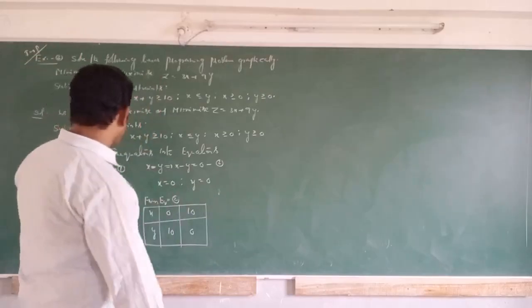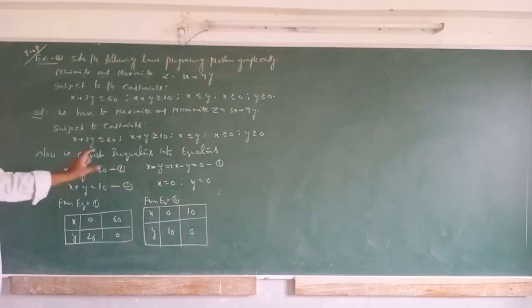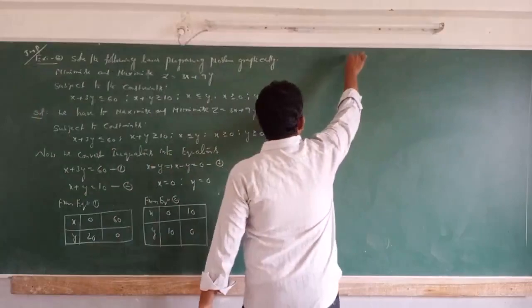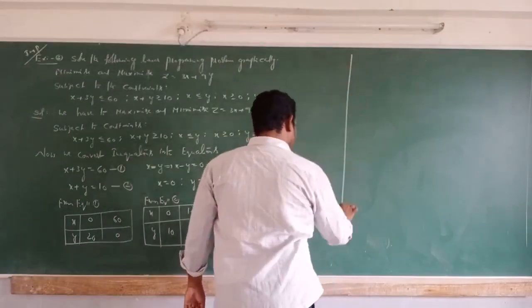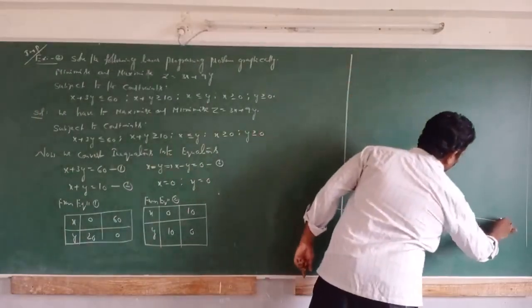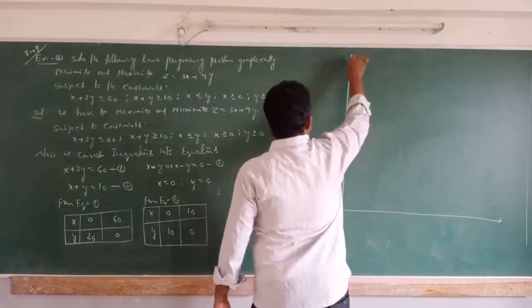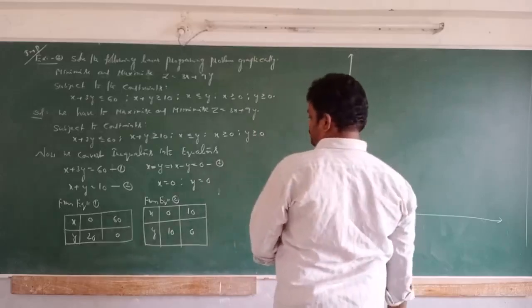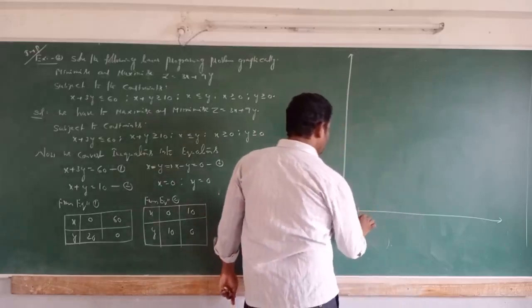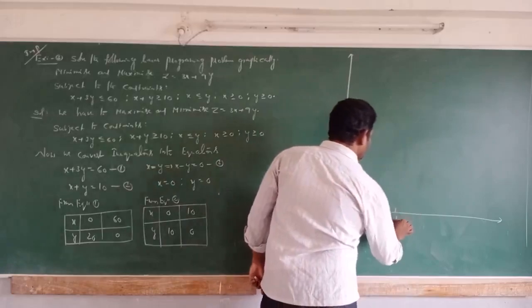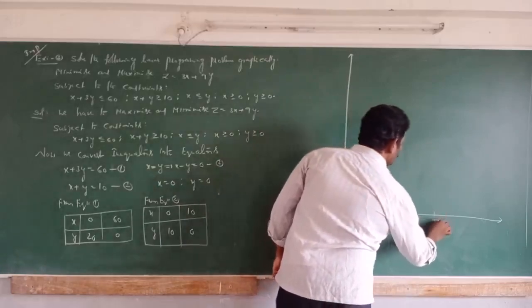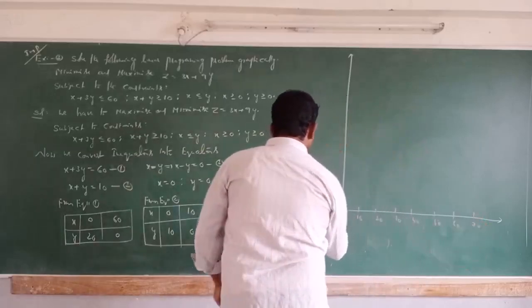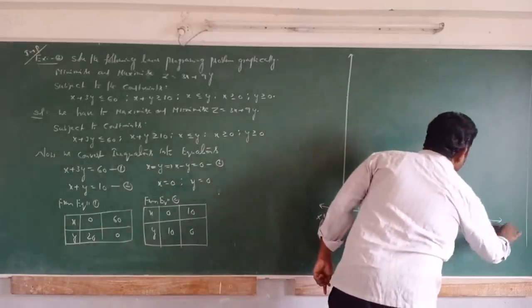Otherwise, if you want to solve these two line equations for any common point, you can. Here, we want to draw the graph of the given inequalities, the constraints. The maximum x value is 60, so we take 10, 20, 30, 40, 50, 60, 70 on the x-axis, where 1 centimeter is equal to 10 units.